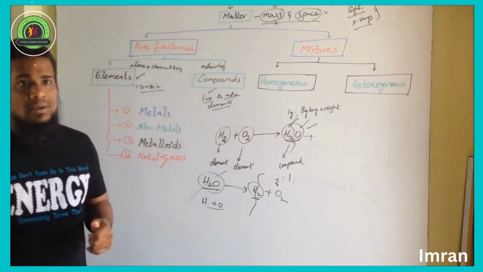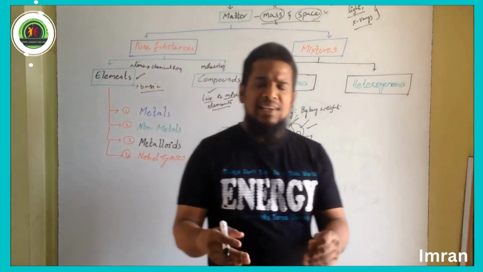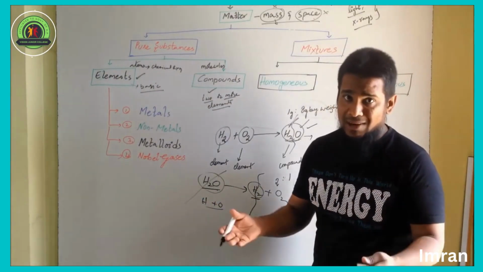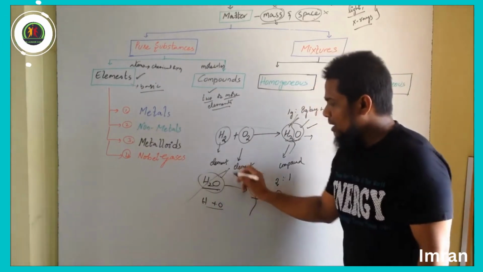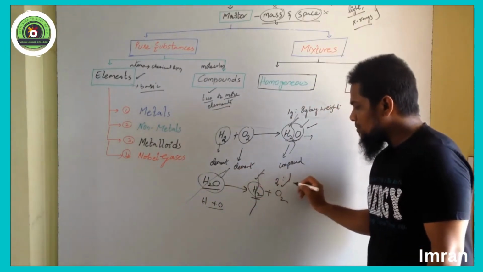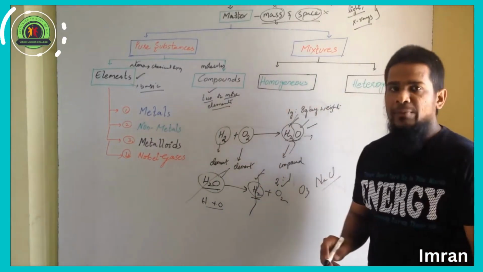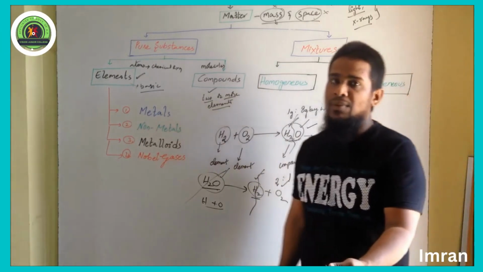Now, what is a molecule? If in any substance more than one atom is present, then it is called a molecule. Here H2O is a molecule, hydrogen is a molecule, O2 is a molecule, O3 is a molecule, NaCl is a molecule. So molecules are those which have more than one atom.